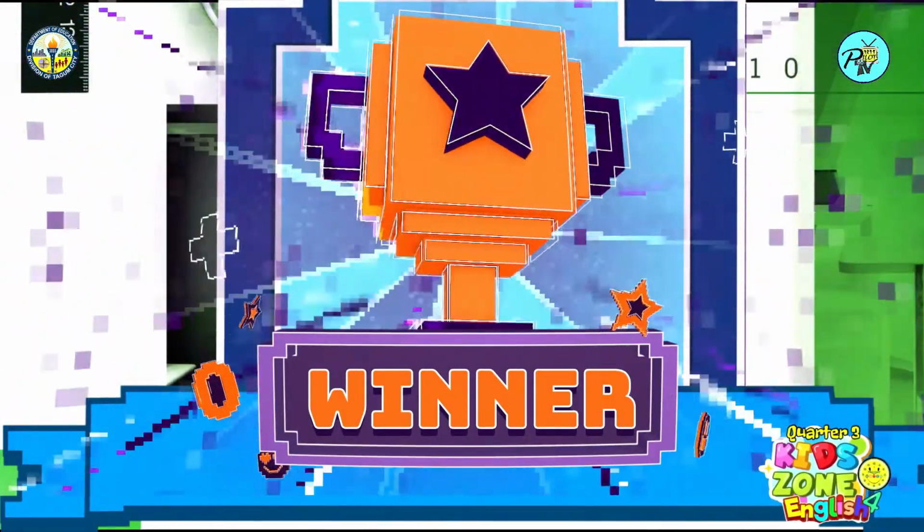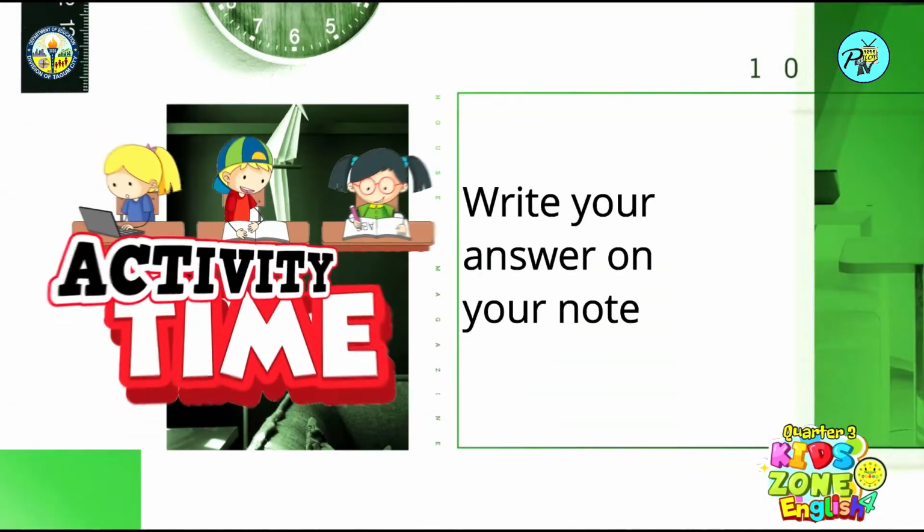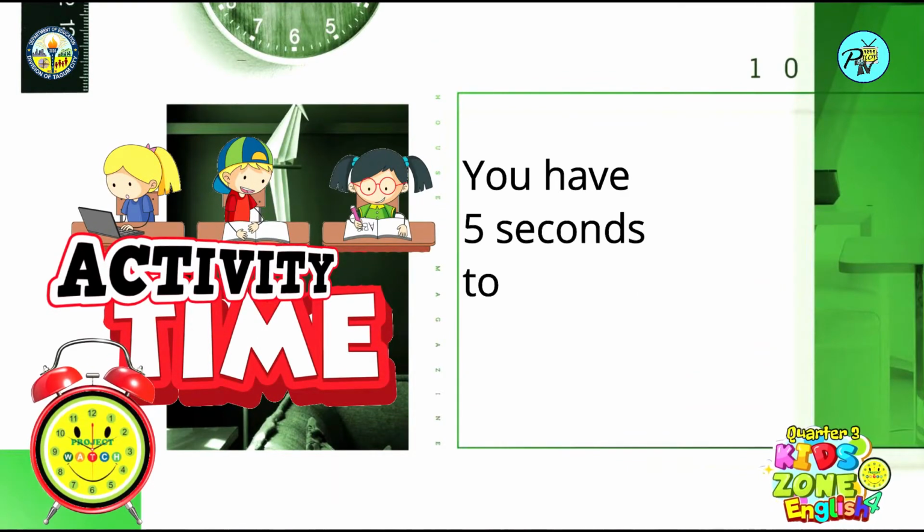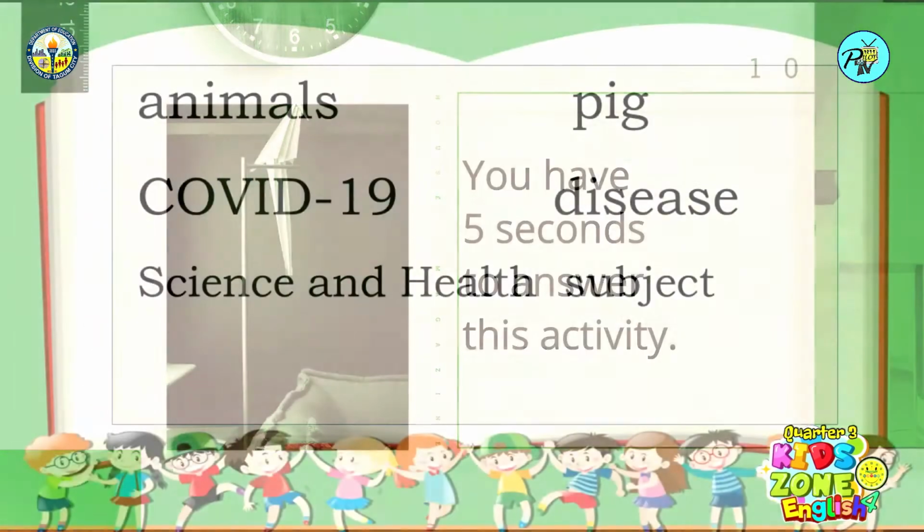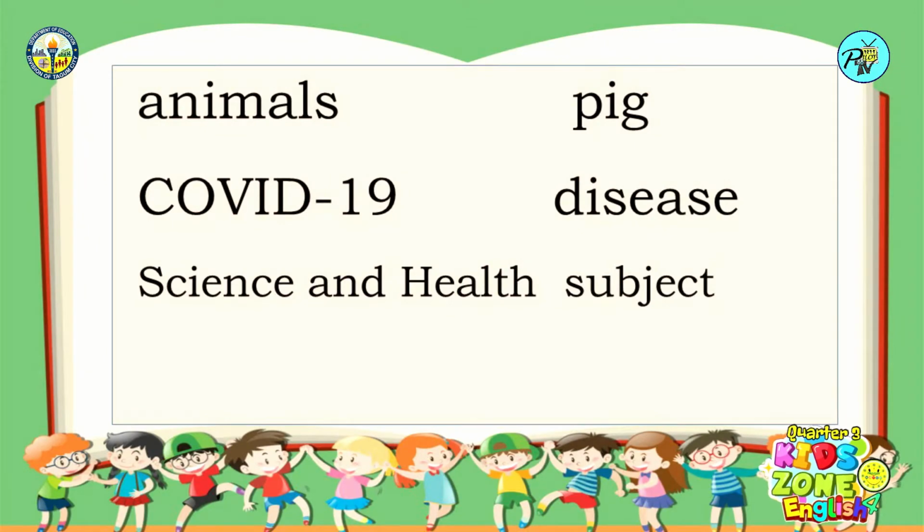Are you ready? Write your answer on your notebook. You have 5 seconds to answer this activity. Animals, pig. COVID-19, disease. Science and health for subject. Your timer starts now.